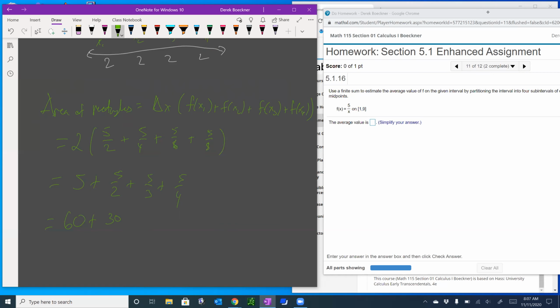Yeah, it's 30 twelfths. This is 20 twelfths. And this is 15 twelfths. Okay. So 50 and 60 is 110, plus another 15 is 125. So it's going to be 125 over 12, which is as simple as it gets.